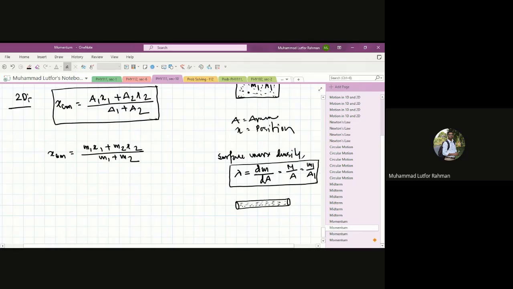If it is non-uniform, then the shape of the rod would be different like that, and the mass distribution over here and that side is different. This is called non-uniform distribution of the mass. Then that ratio is not going to be the same. That is the definition of linear density mass distribution.